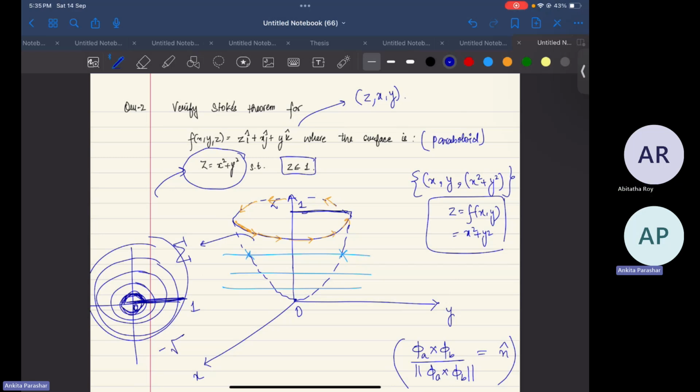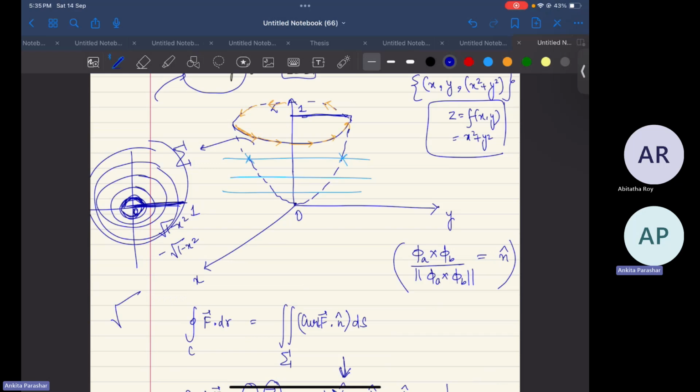So you have to go from minus square root of 1 minus x square to square root of 1 minus x square if you are writing radius 1. You should be able to write it like this: minus square root of a square minus x square up to square root of a square minus x square, and a has to go from 0 to 1. Like that you have to do.